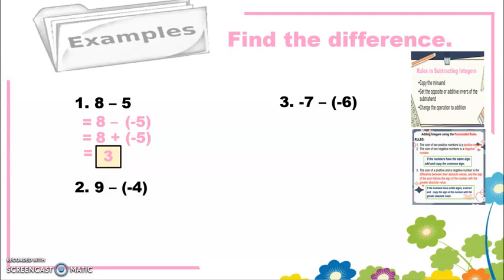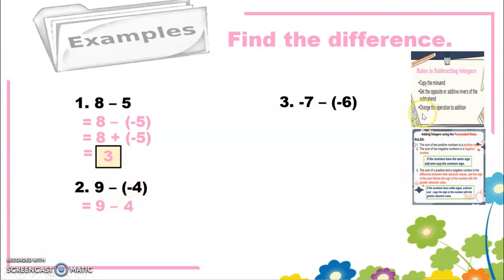Next, number 2, 9 minus negative 4. First thing to do is equals, we copy the minuend. Then second, minus anay operation ta, kay uli ipakita ma-change ang operation. Then, ikadua, get the opposite or the additive inverse of the subtrahend, which is positive 4, because the subtrahend is negative 4, so ma-positive 4 siya.